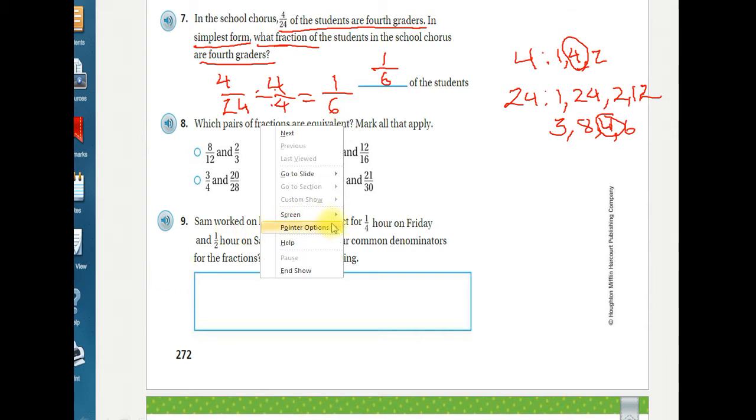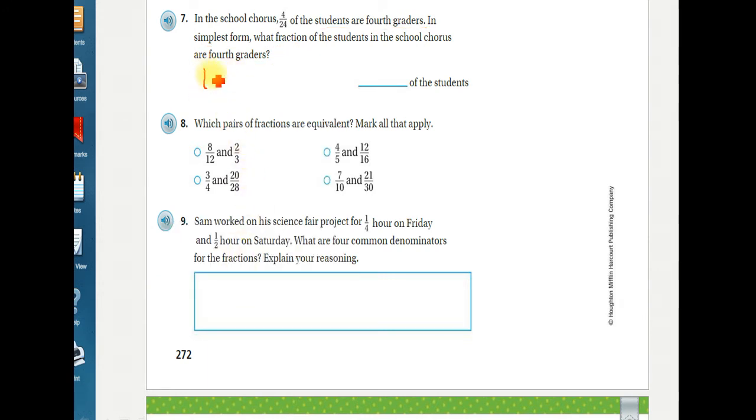Okay. Now I want to go over something really quickly. This is a common error. Some students might get the 4 and the 24 and say, hey, I know 2 will go into both of those. And you're right, 2 will go into 4 and 2 will go into 24. So 4 divided by 2 is 2, 24 divided by 2 is 12, and my math is correct, and so I write 2/12.